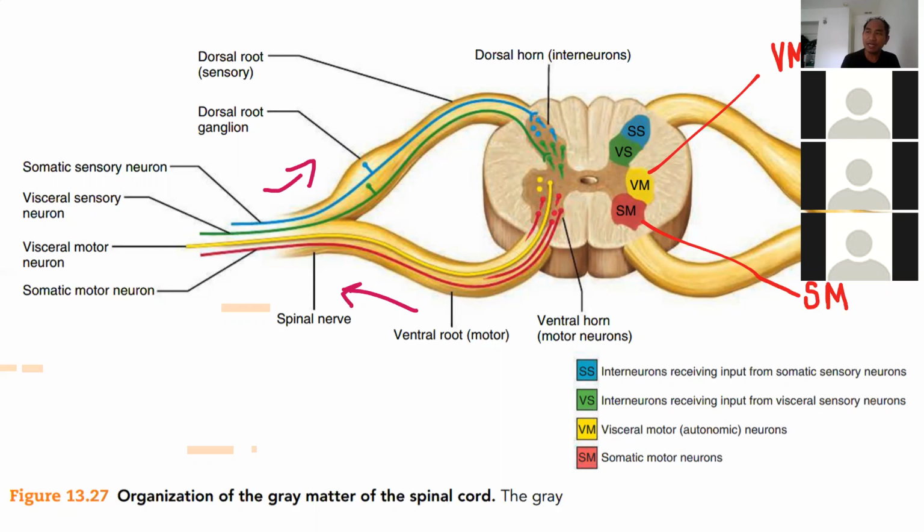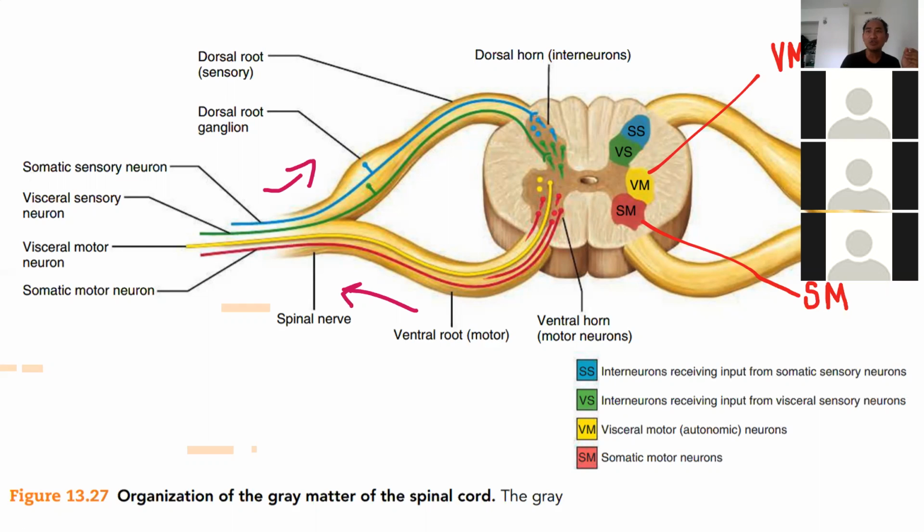And if you look at a little bit more detail, we know that we have two types of sensation. Number one is somatic sensory, and number two is visceral sensory. Somatic sensation means from our body, like from our hand: touch, temperature, pain, pressure, proprioception.